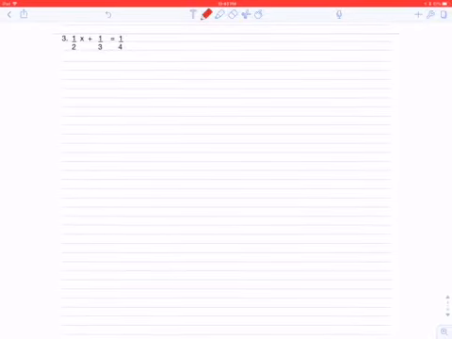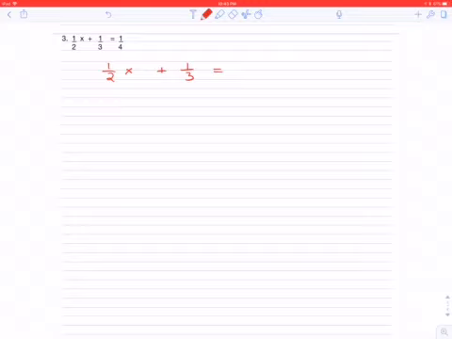Now this third equation, 1/2 x plus 1/3 equals 1/4, has fractions in it. One method for solving an equation with fractions is to actually get rid of the fractions. We need to look at all the denominators and find the smallest number that all three of the denominators go into evenly.